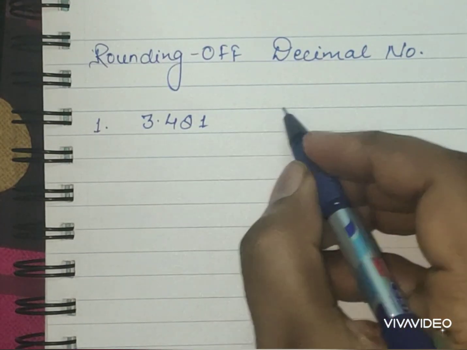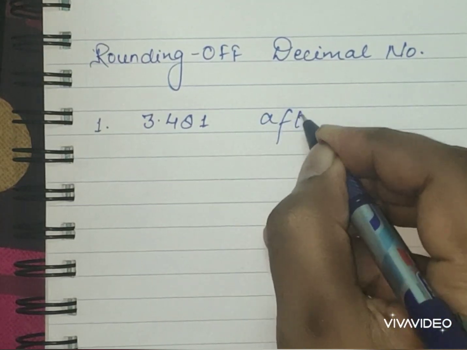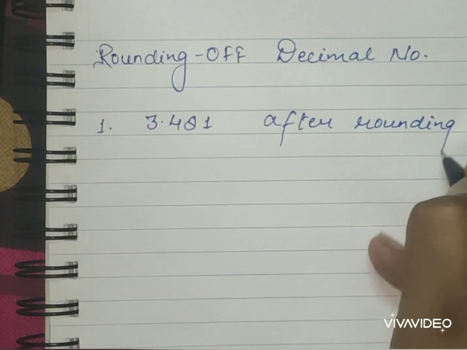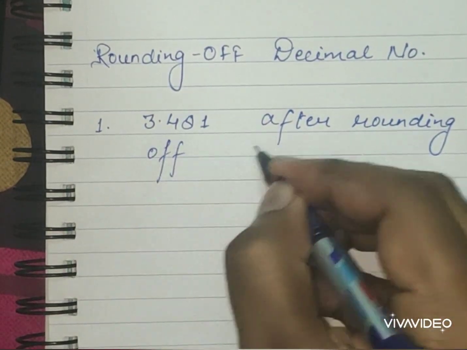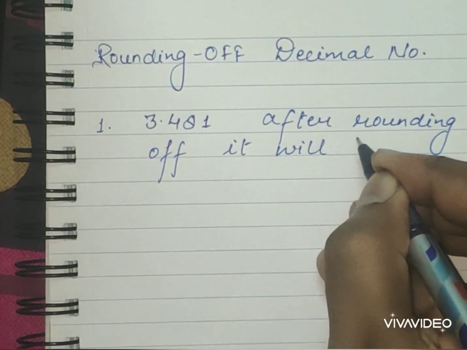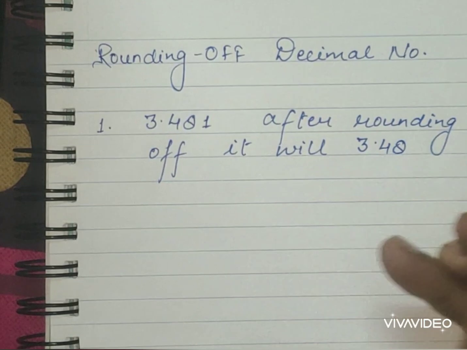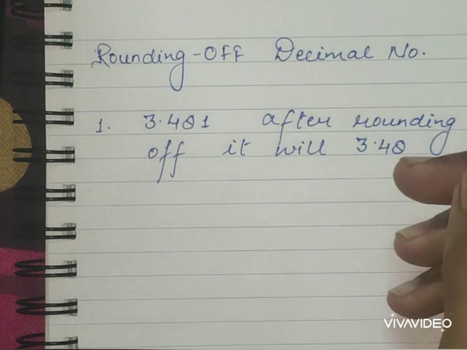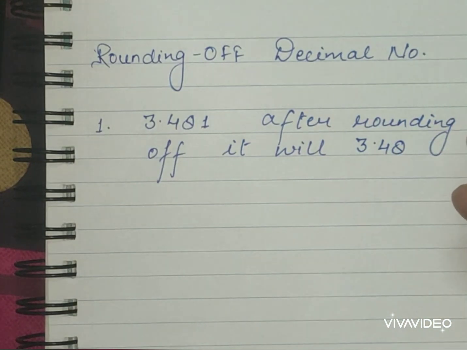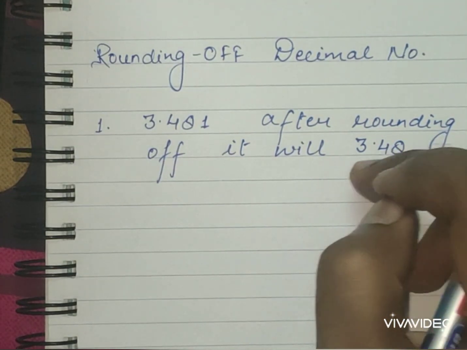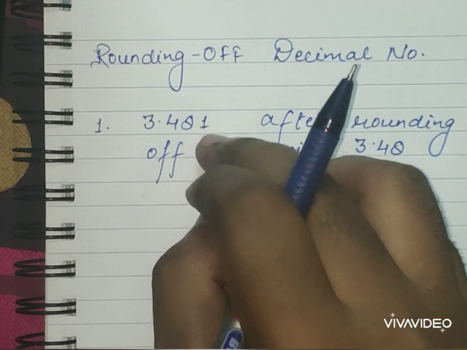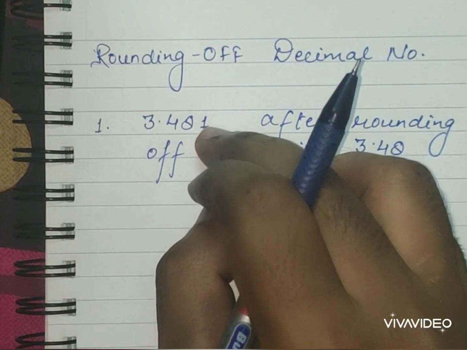Okay, so after rounding off, it will be 3.48, because if we need to write only till 2 digits after the decimal, 48 is your answer. 3.48. Why? Because this one is less than 5, so this is not to be considered.